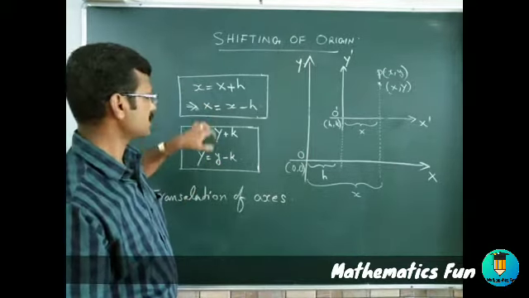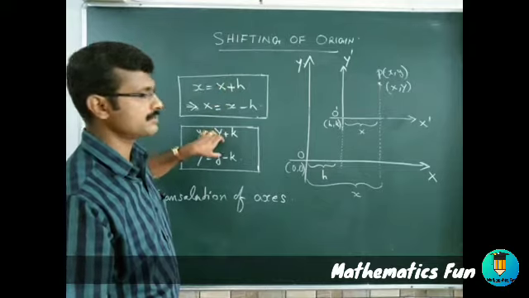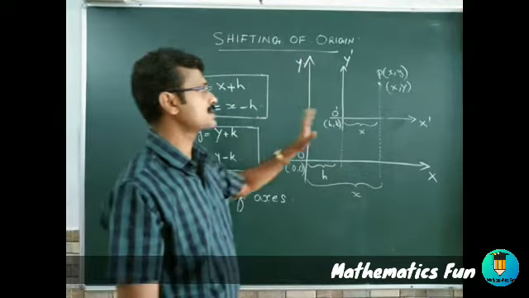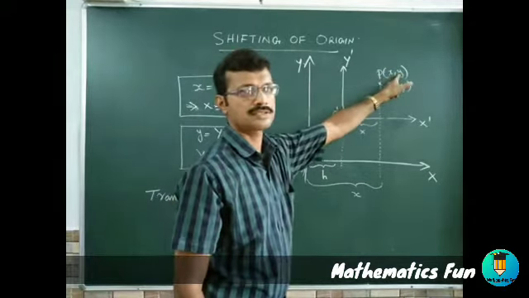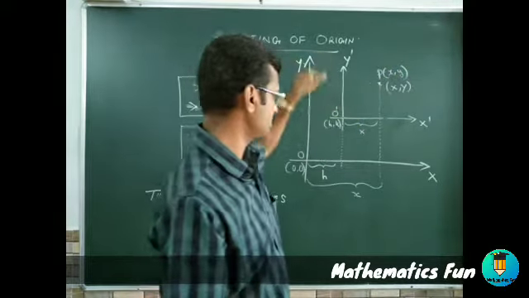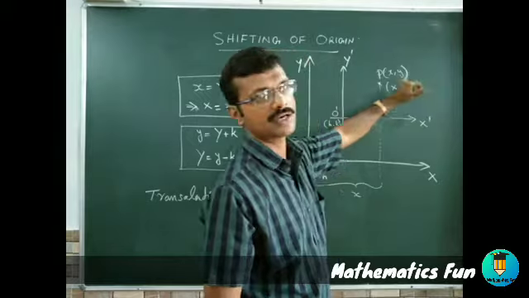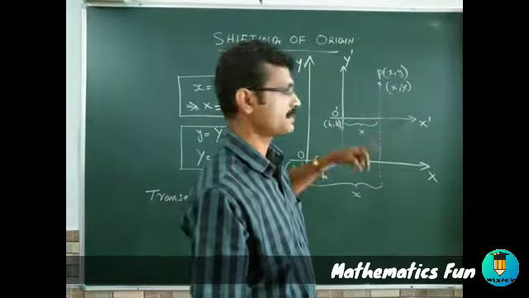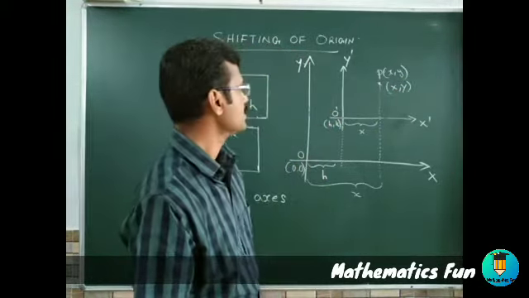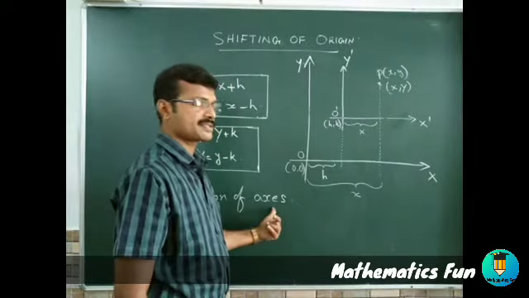So this is the result you have to remember. Small (x, y) is with respect to the original system. Capital (X, Y) is the corresponding coordinates with respect to the new system. So this is about the translation of axis.